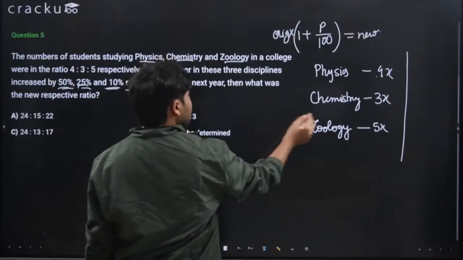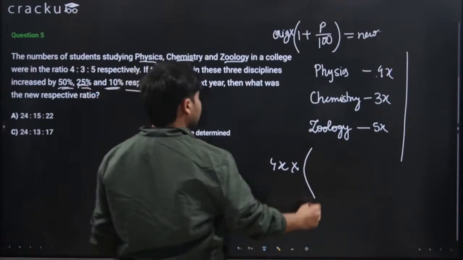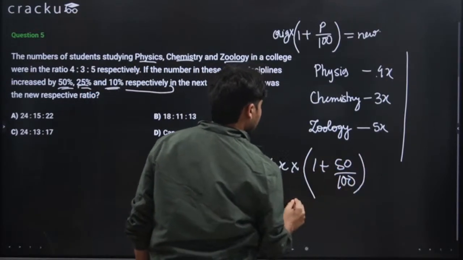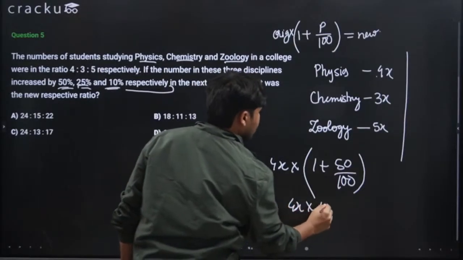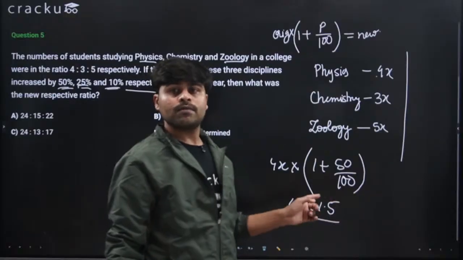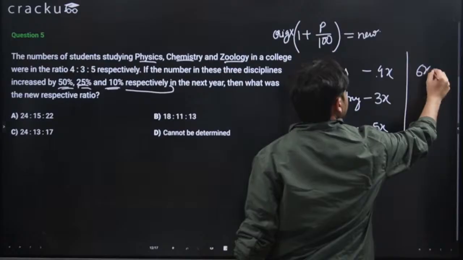So multiplying the original quantity, which is 4x, by 1 plus 50 over 100, this will be 4x times 1.5. 1.5 times 4 is 6. So this is 6x, the new number next year.